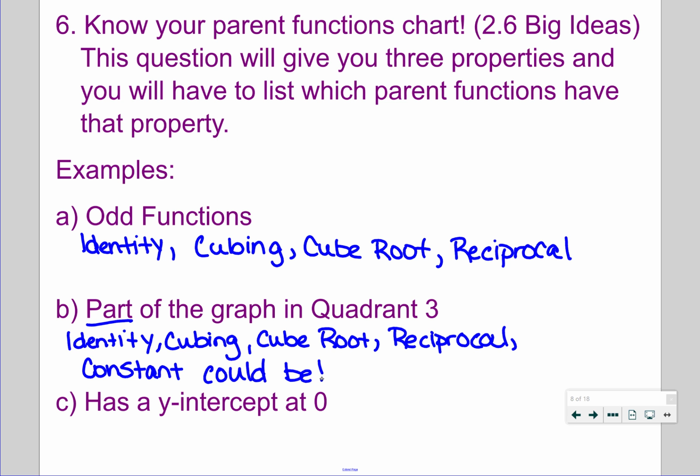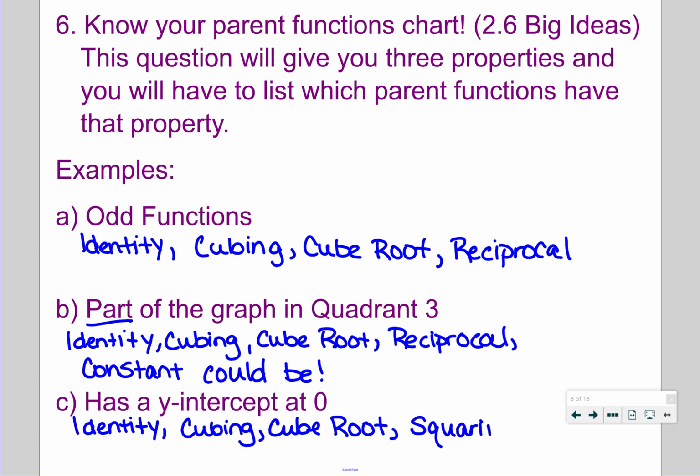Finally, has a y-intercept at 0. Again, that is the identity function, the cubing function, the cube root function. Reciprocal does not have a y-intercept, neither does reciprocal squared. Other functions are the squaring function.